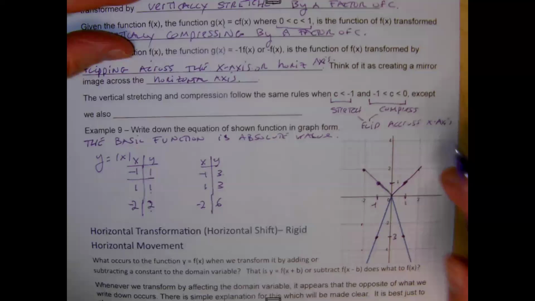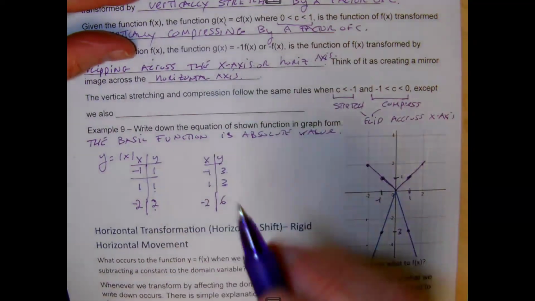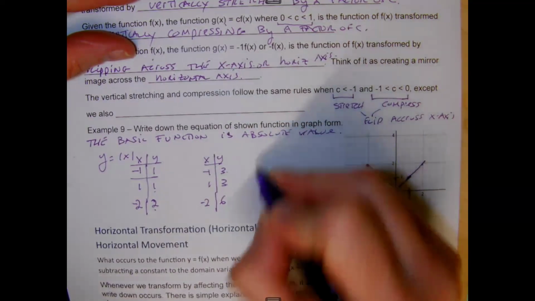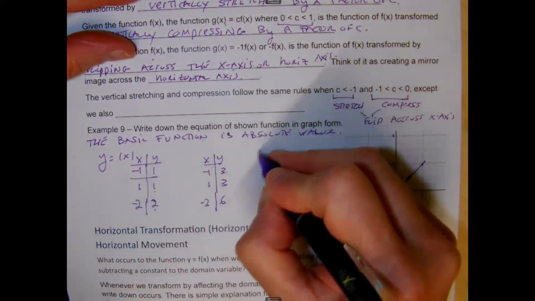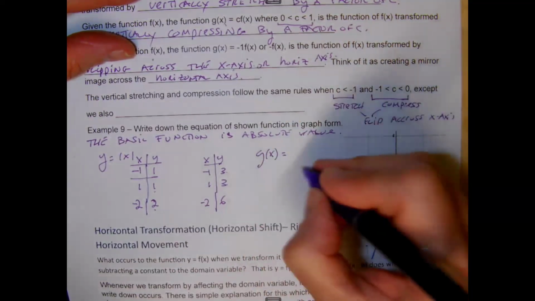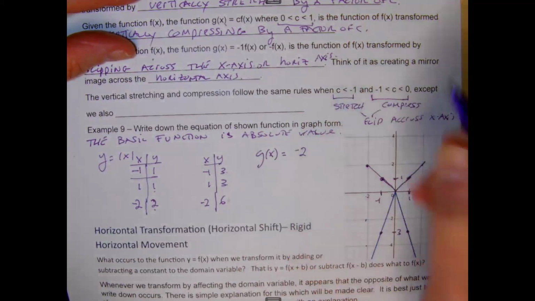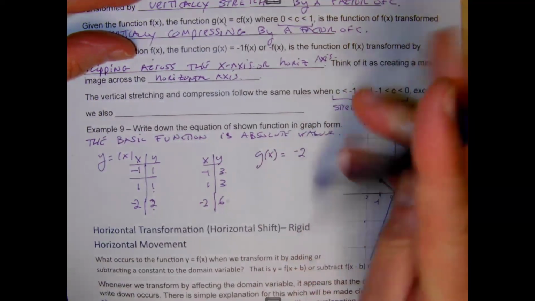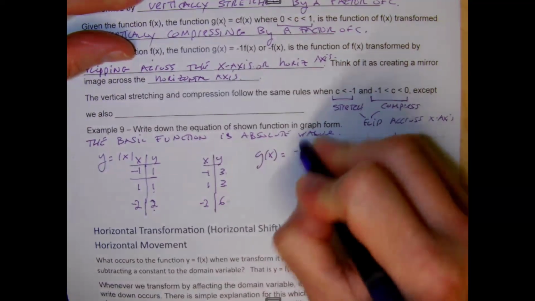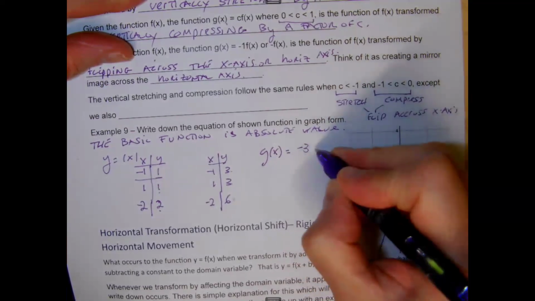So I'm going to write down the equation shown on the graph. It looks like what I've done is taken the old function and multiplied it by not 2, but by -3.